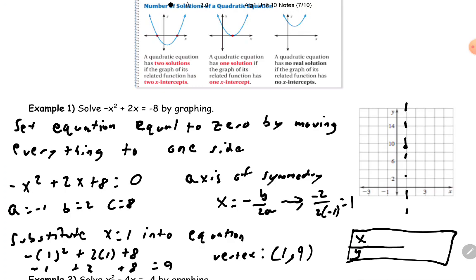X, Y. I'm going to make a table. Okay, if I plug 2 into the equation, I'll get 8. If I plug in 3 into the equation, I'll get 5. If I plug 4 into the equation, I get 0.